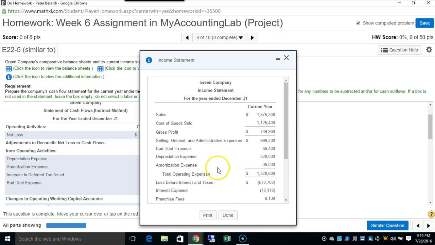We're going to be concerned about bad debt expense because that's a non-cash expense. We wrote off a bad receivable. So that was an expense, but we didn't actually write a check for that expense. Same thing for depreciation, same thing for amortization.